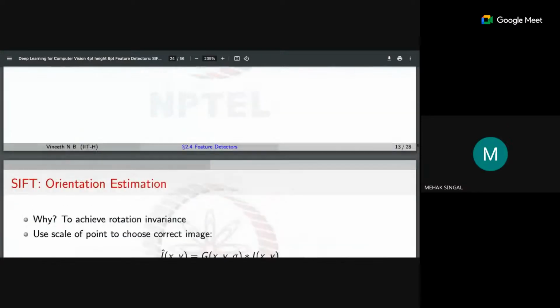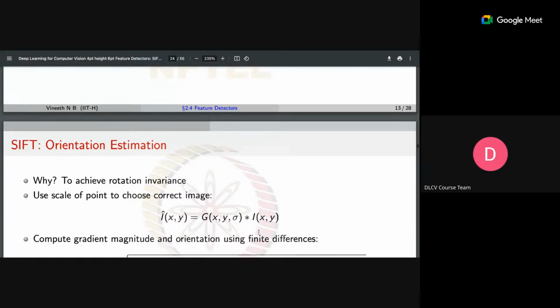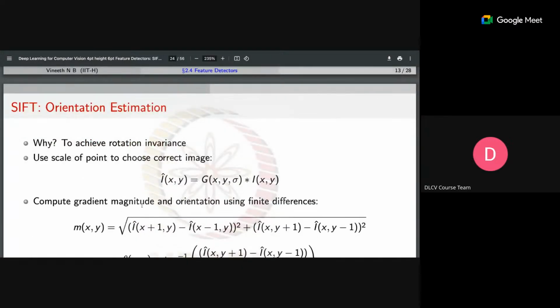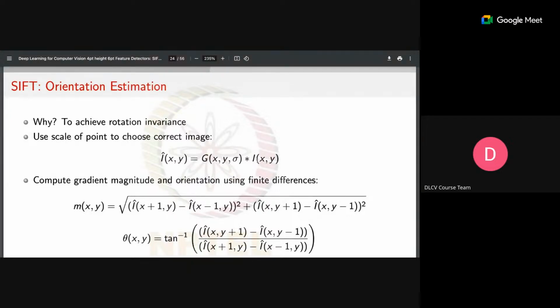You are not just calculating your gradient magnitude and orientation using I of x, y, you are using I hat of x, y. So the Gaussian filter is defining the region.